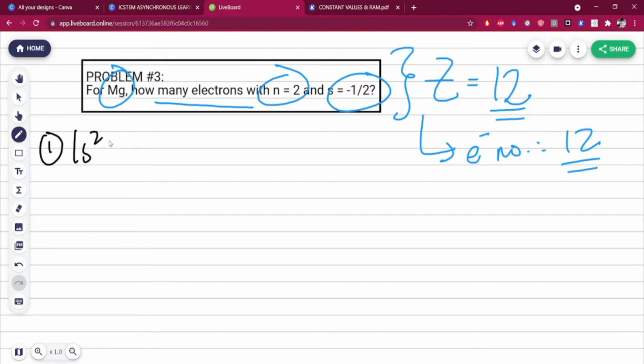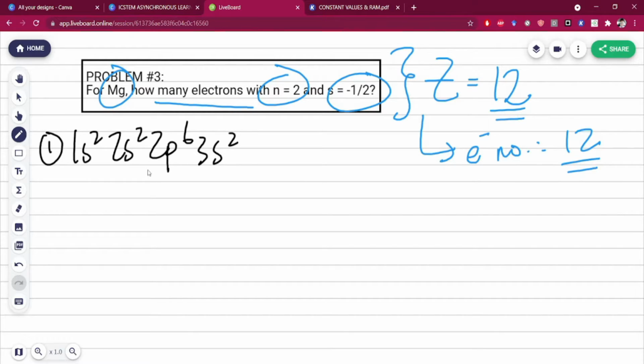We're going to start with the spdf notation: 1s2, 2s2, 2p6, 3s2. Or you can sing that out if you want. It's really up to you, just have fun with it.